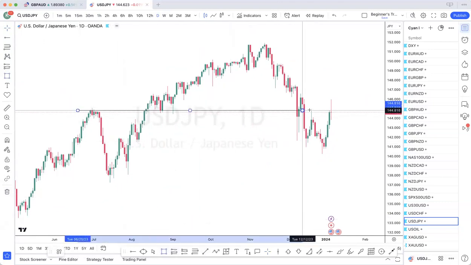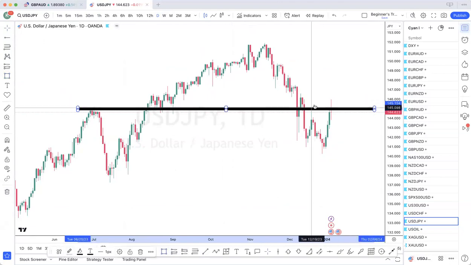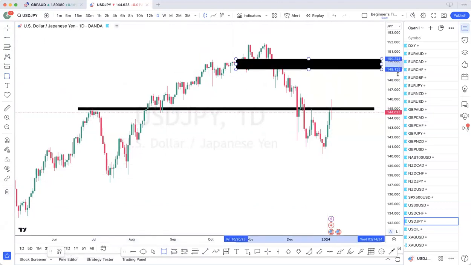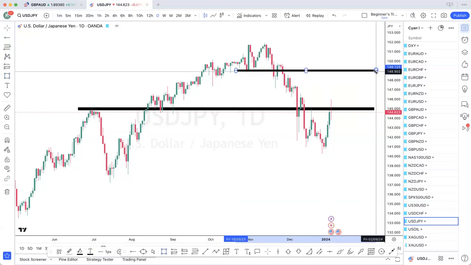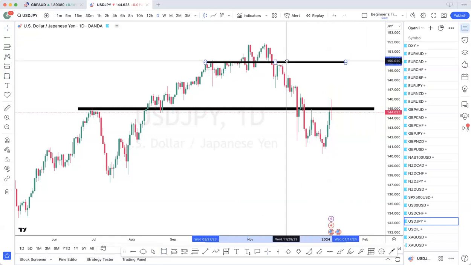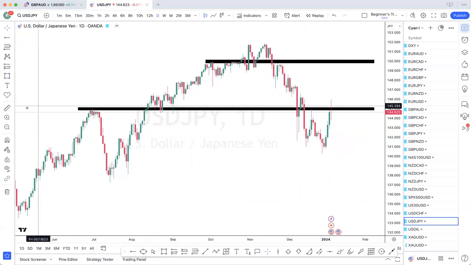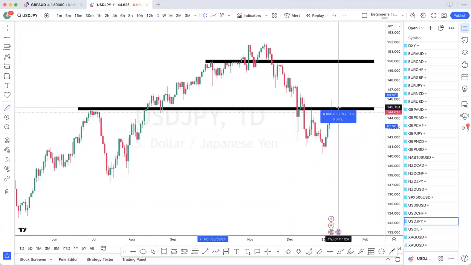So like here's a level here. If price breaks up here, then I just go to the next clear zone. It has to be a clear zone. If I have to squint my eyes trying to find these zones, that used to be a problem for me in Ruby's class. There you go, that's a clear zone right there, right in the imbalance, and there's the imbalance right at the top.